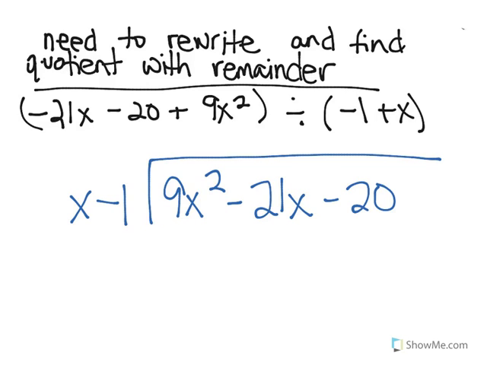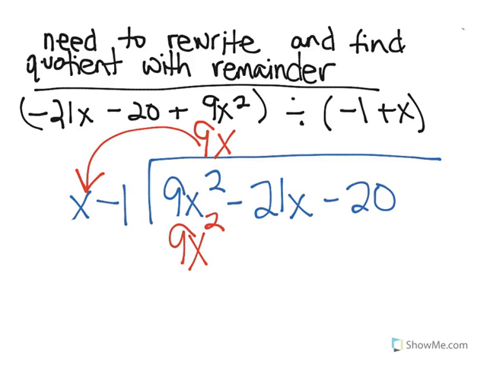So I'm going to ask myself, how many times does x go into 9x squared? Well, 9 times, and x times x would be x squared. So we're going to try 9x. 9x times x is 9x squared. So that's going to get rid of that first term.